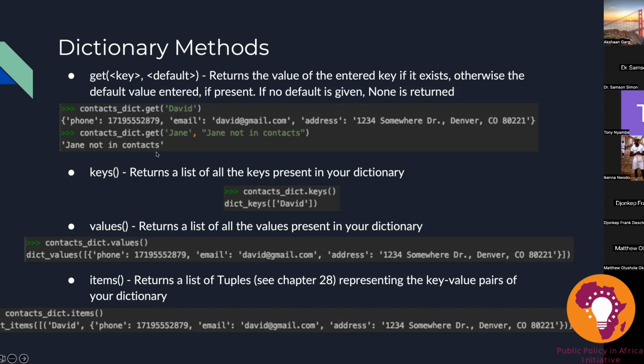What you can do is you can use get, which has two arguments, and the second argument is actually optional. So what happens is if you enter a key that is not present inside the dictionary, it will use the default value and give that back as the answer instead of throwing an error, right? So let's see this in action.